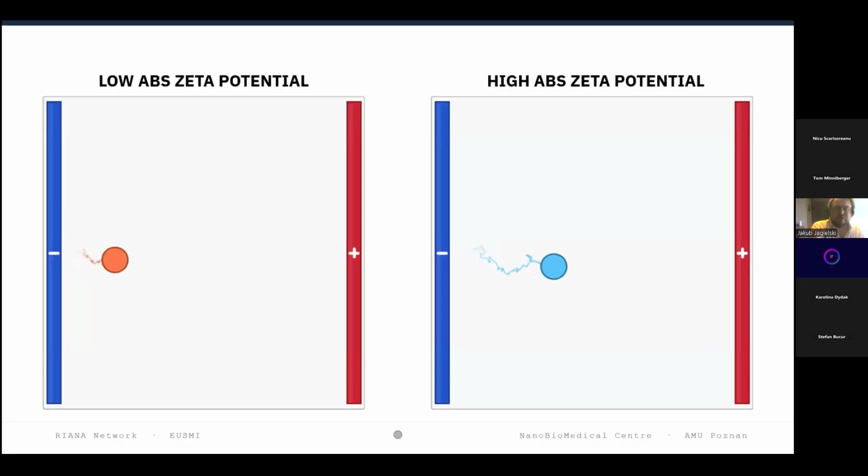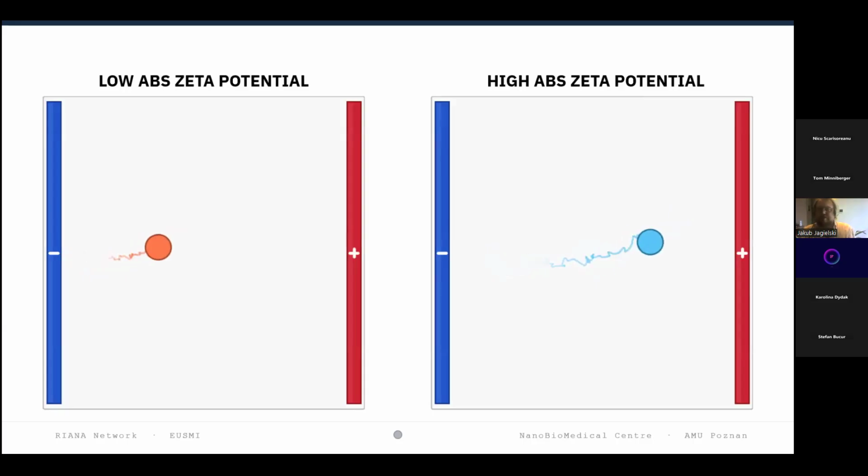But before we go further, I just wanted to show you why surface charge is relevant. These animations illustrate this principle. On the left, a particle with low absolute zeta potential exhibits a very low electrophoretic displacement under the applied electric field.